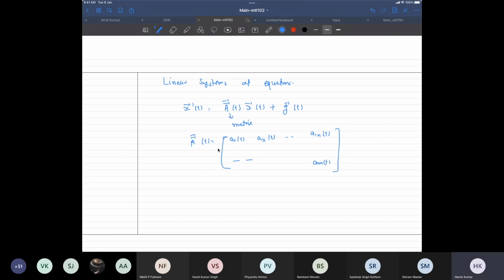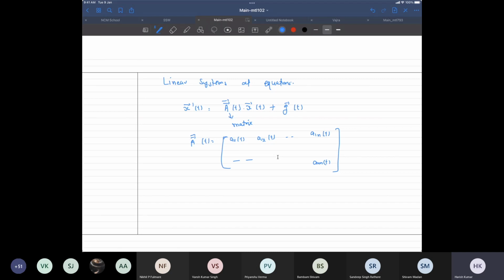Now, how would we argue about existence and uniqueness for this problem? The thing is very easy. Why is it very easy?